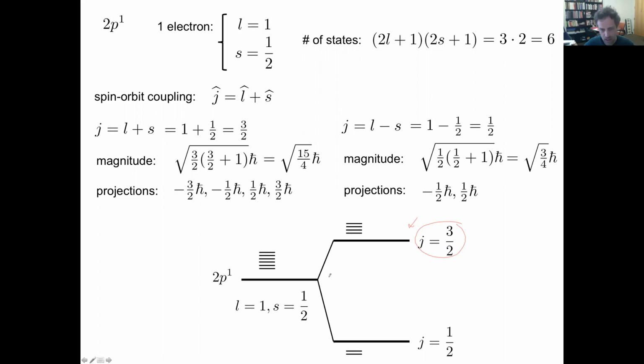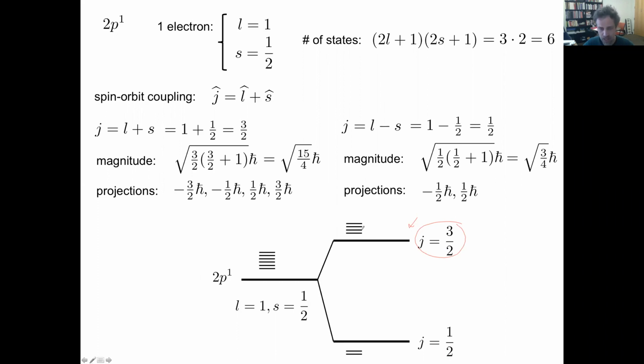If I include spin-orbit coupling, that is no longer the case, that all these states are going to be the same. I will find 4 states in which the electron combines favorably, if you wish, or unfavorably, depending on how you look at it, the orbital angular momentum that it has with its spin angular momentum.